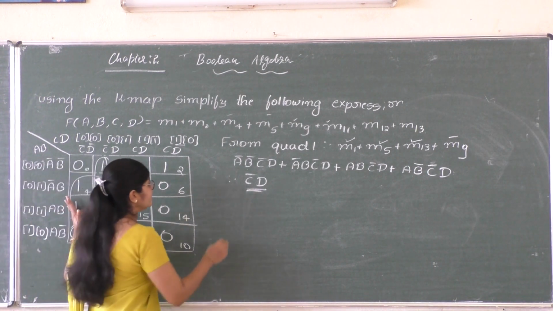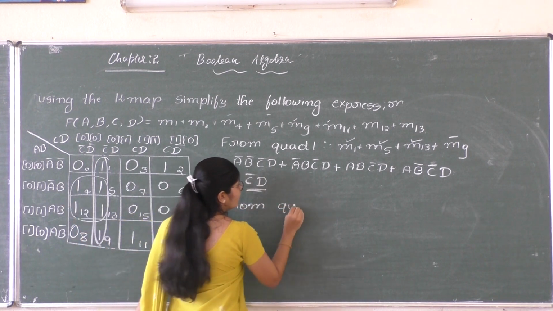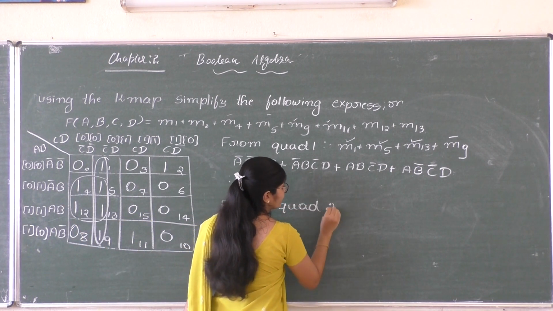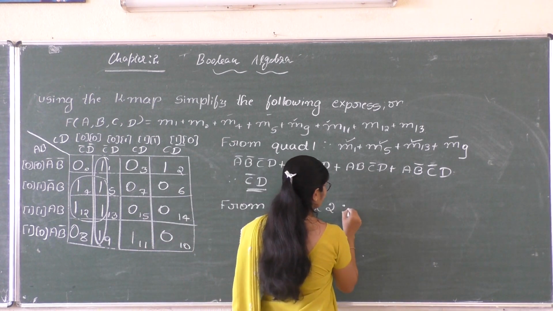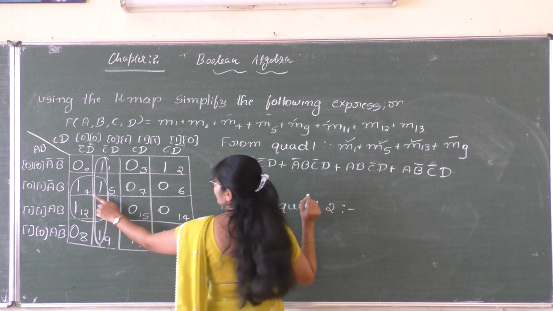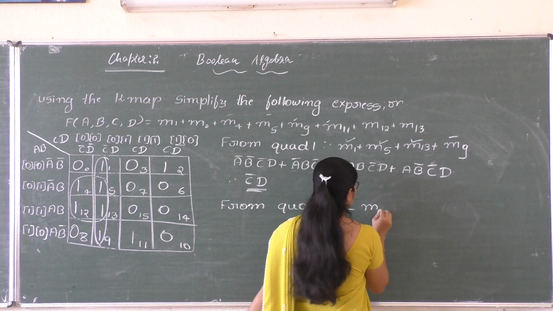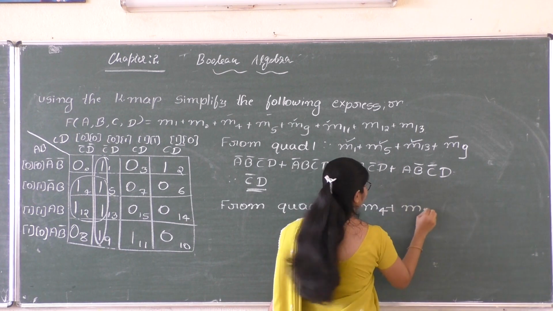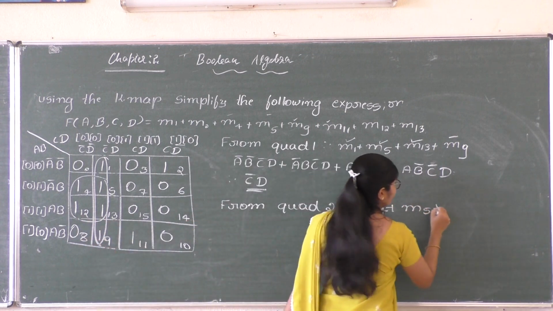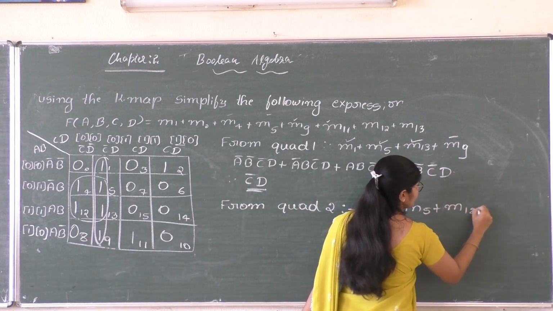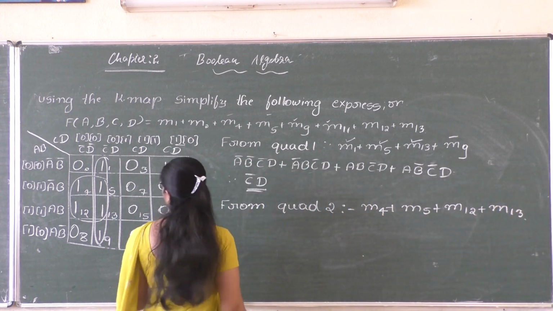Here we got another quad, quad 2, that is by using ones in the 4th square: M4, M5, M12 and M13. Now we shall write the corresponding minterms.